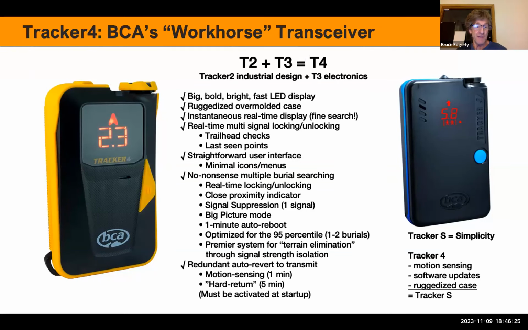And sometimes by the time they figured out what's going on, they're way below the scenario, and it's really difficult to start over. So we start over for them. After a minute in signal suppression, we basically reboot the system and put you back in normal search mode. And that will at least pull you back into the scenario to the closest victim to where you are.